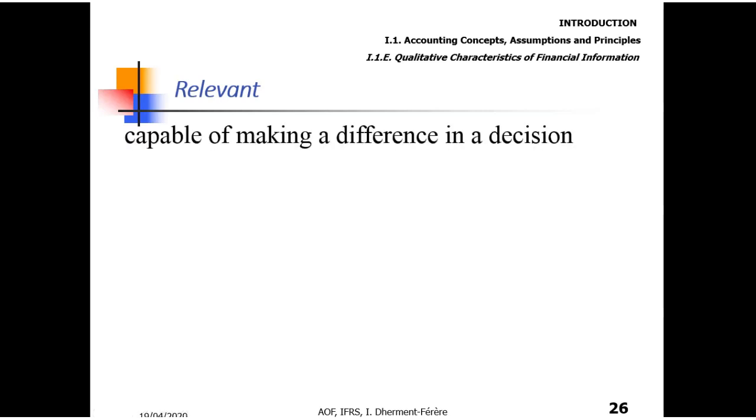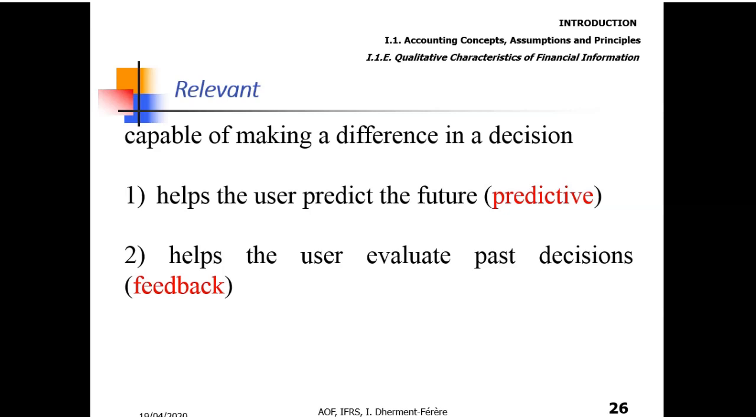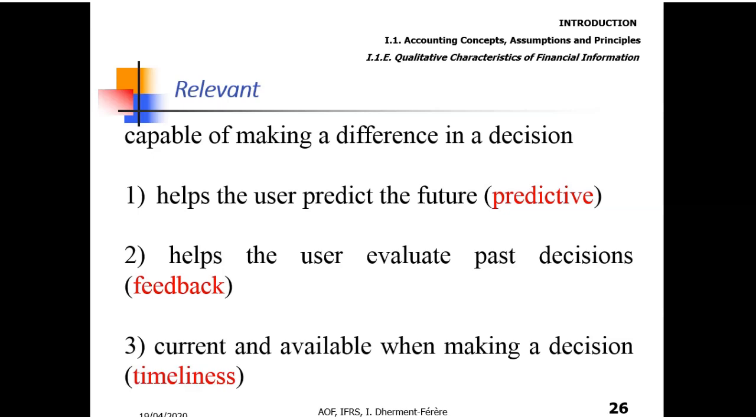Relevant means capable of making a difference in a decision. 1. Helps the user predict the future. It's predictive. 2. Helps the user evaluate past decisions. It's feedback. And 3. Current and available when making a decision. It's timeliness.